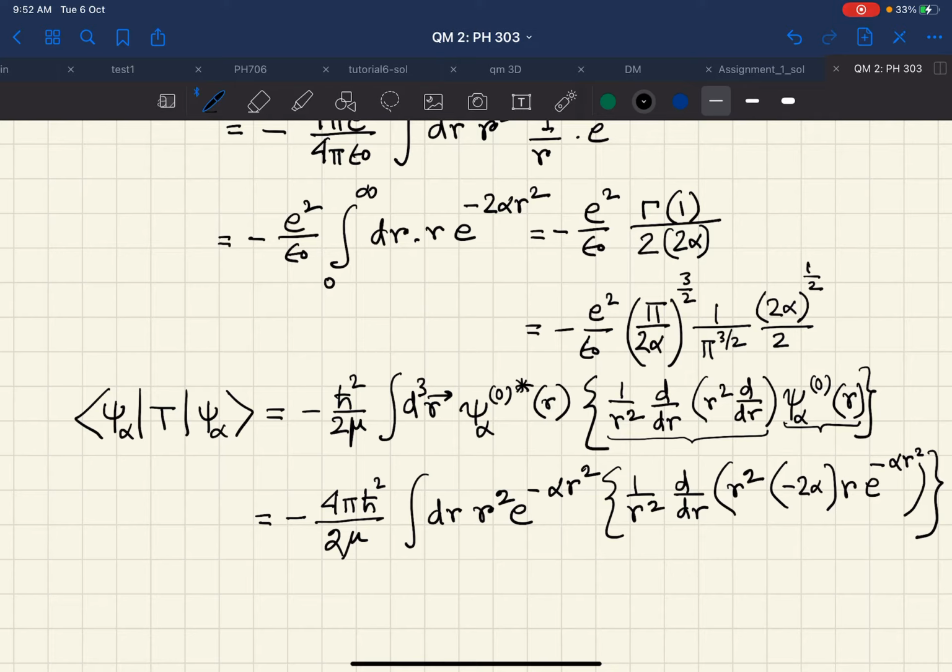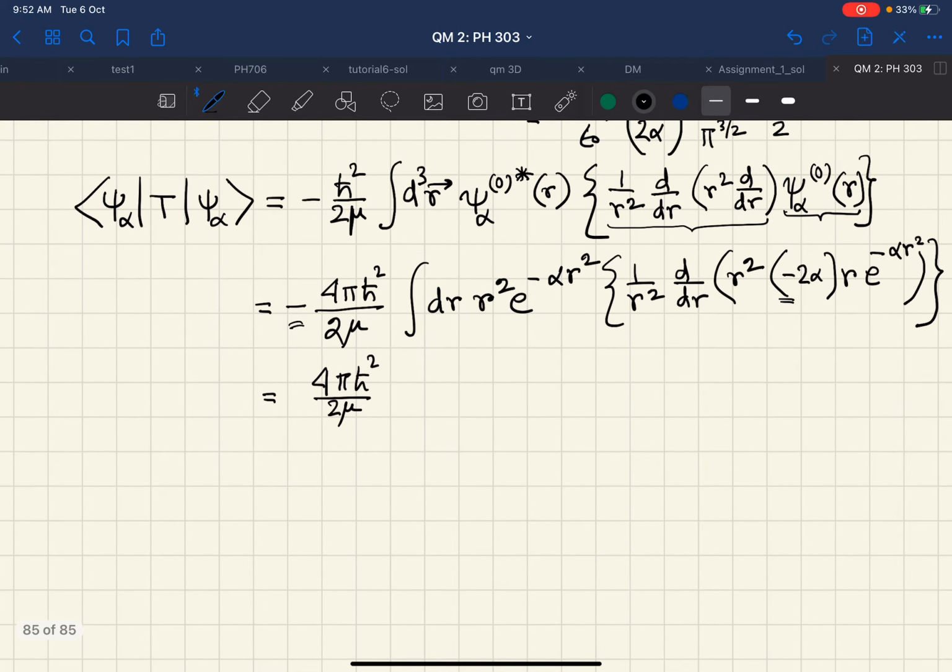So this therefore is going to give us finally, because this minus sign here will cancel this minus sign here, 4 pi h cross square by twice mu integral dr, this r square gets cancelled. We have e to the power minus alpha r square factor outside, and then we have 2 alpha, and then d/dr of r cube e to the power minus alpha r square.